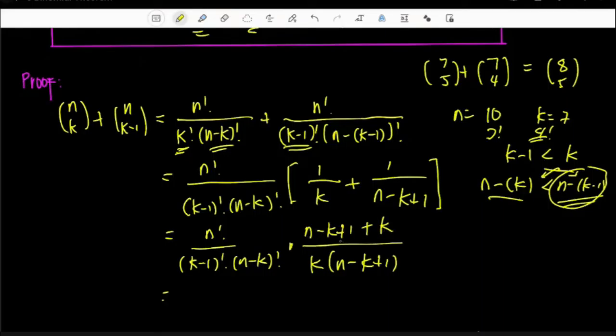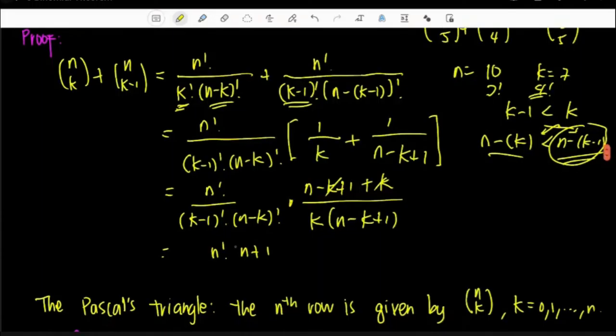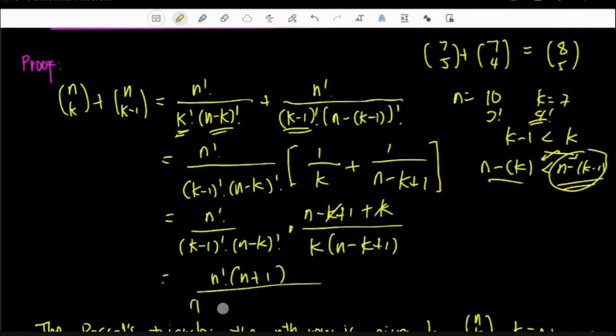Okay. You can cancel k. So, you have n plus 1. So, you have n factorial times n plus 1 all over k minus 1 factorial n minus k factorial k times n minus k plus 1.